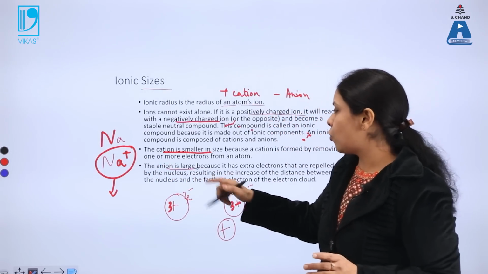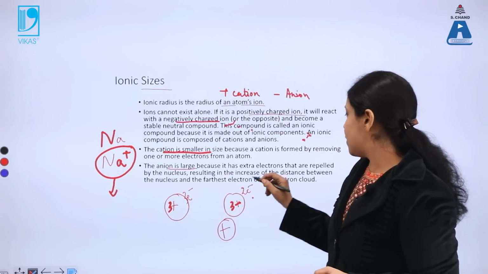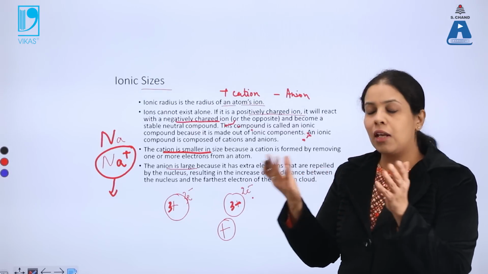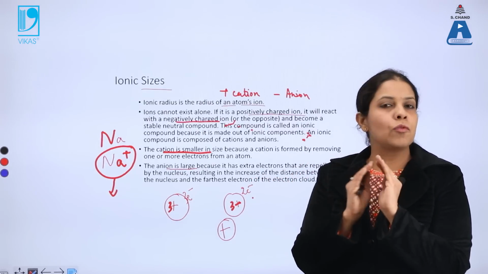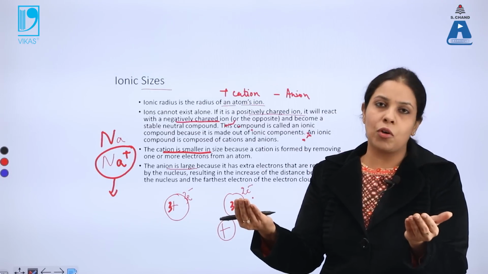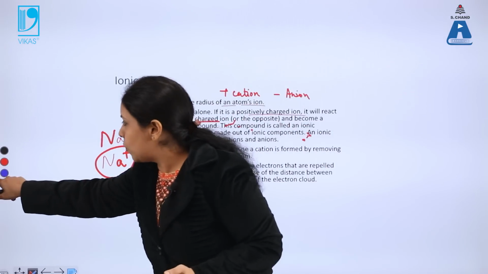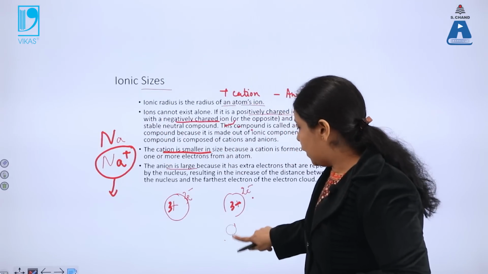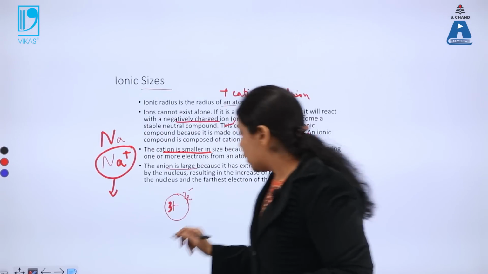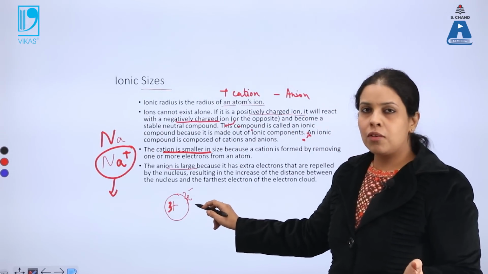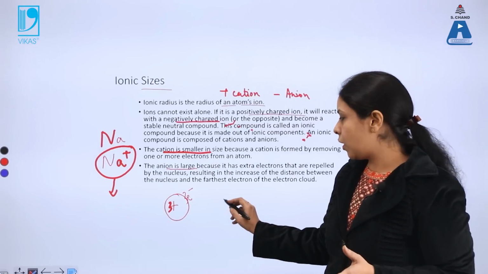Similarly, an anion is always larger because in this case your electrons are more, and the smaller number of protons will not be able to attract the higher amount of electrons. Let's see a similar example. For example, in the case of an anion, these were having 3 positive and 3 negative, that means 3 protons and 3 electrons.